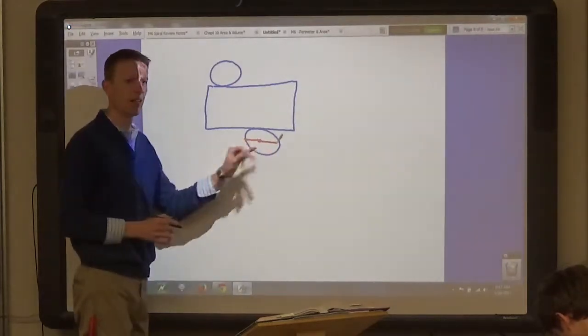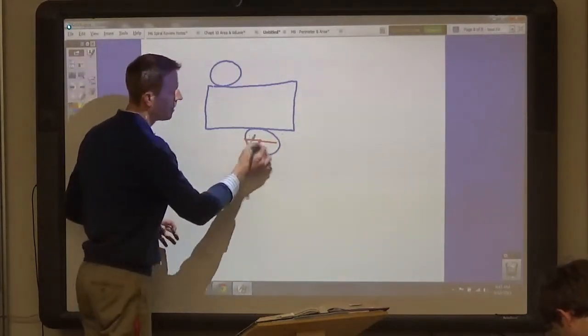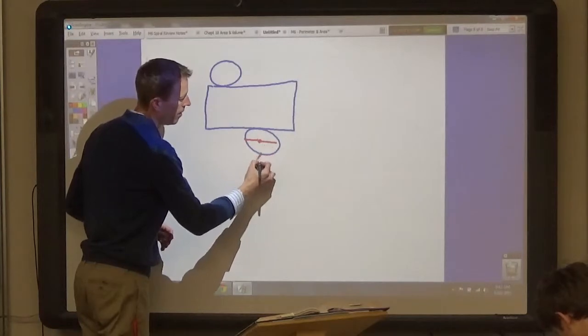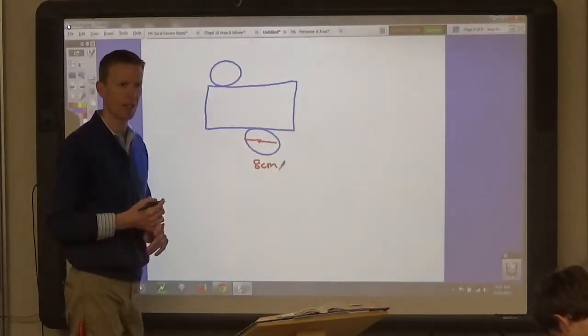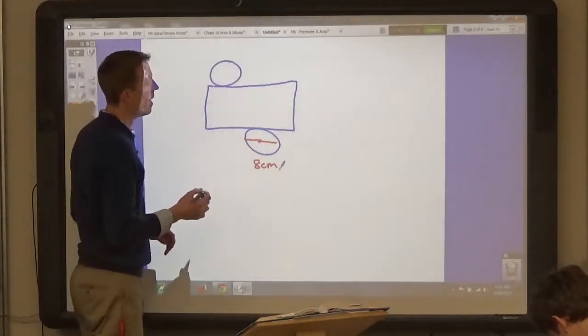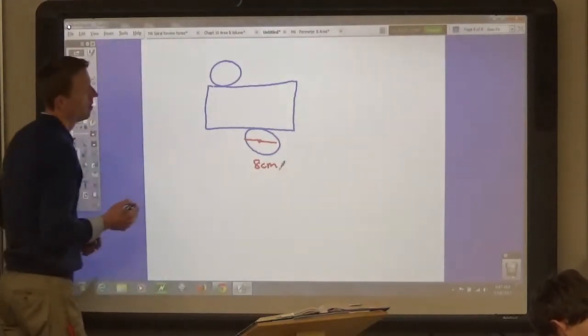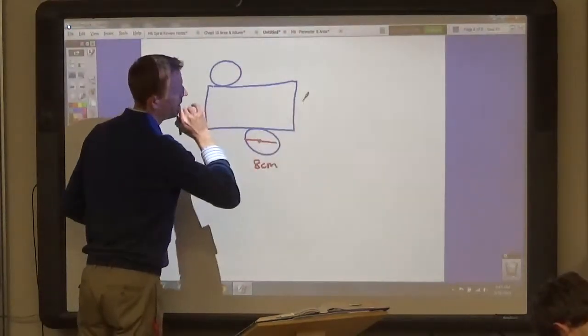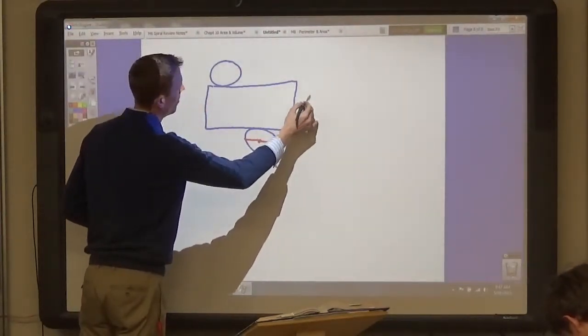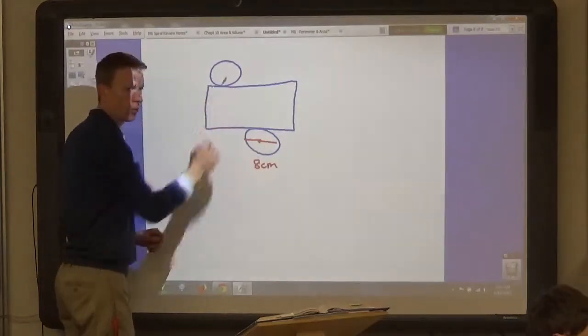So let's say this cylinder has a diameter of 8 centimeters. Okay. And these two have to be equal, right?